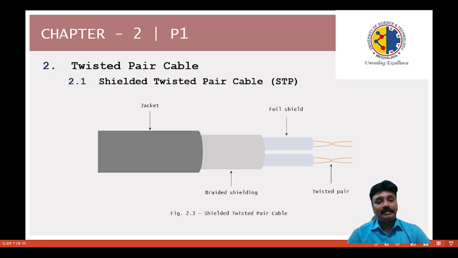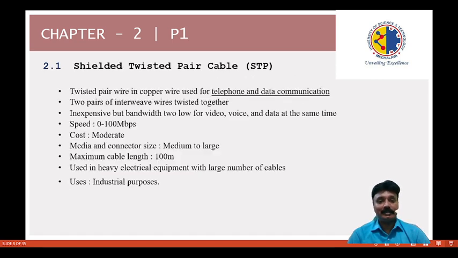So in the general summary of this shielded twisted pair cable, it can be used in telephone and data communication. Two pairs of insulated wires are twisted together, as we have seen in the previous slide. It is inexpensive, but the bandwidth is too low for video and voice as well as data at the same time. The speed is 0 to 100 Mbps.